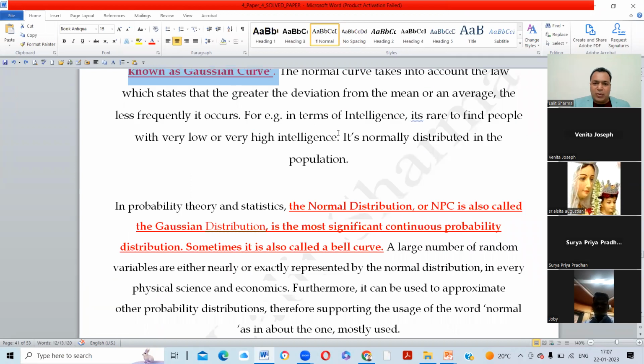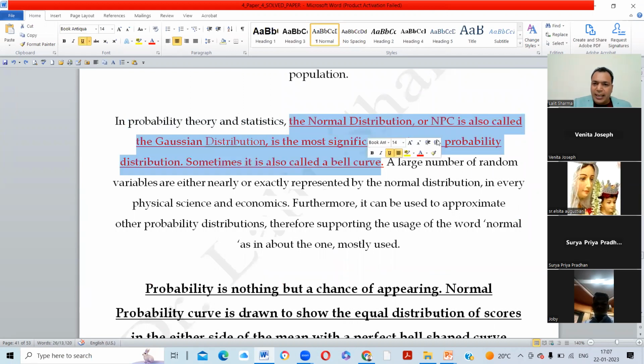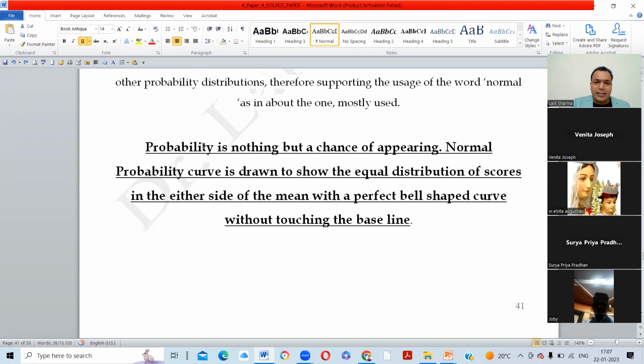So in probability theory, the normal distribution or NPC is also called the Gaussian distribution, the most significant continuous probability distribution. Sometimes it is called the bell curve also. This can also come: the uses and applications of the bell curve. So it is talking about NPC, right guys?